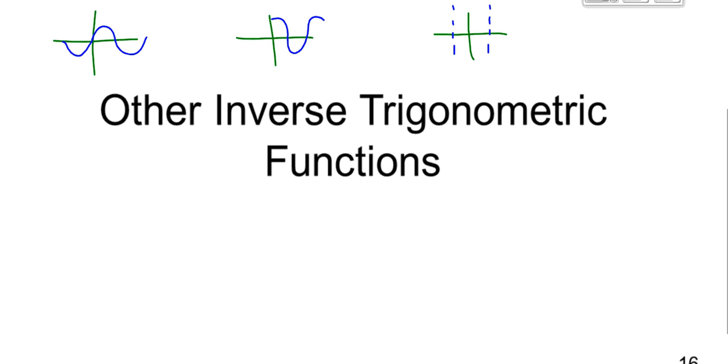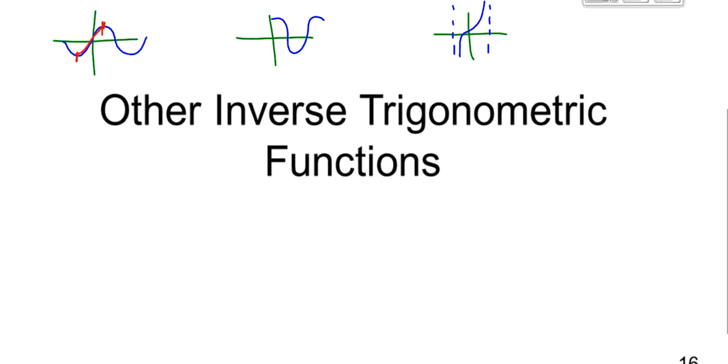And so I'm just going to remind you of the three main trig functions that we've used. So we just looked at sine and kind of go back that way. Here's cosine, here's tangent. I missed it a little bit, but that's okay. So for the inverse sine, we went from negative pi over 2 to pi over 2, correct?